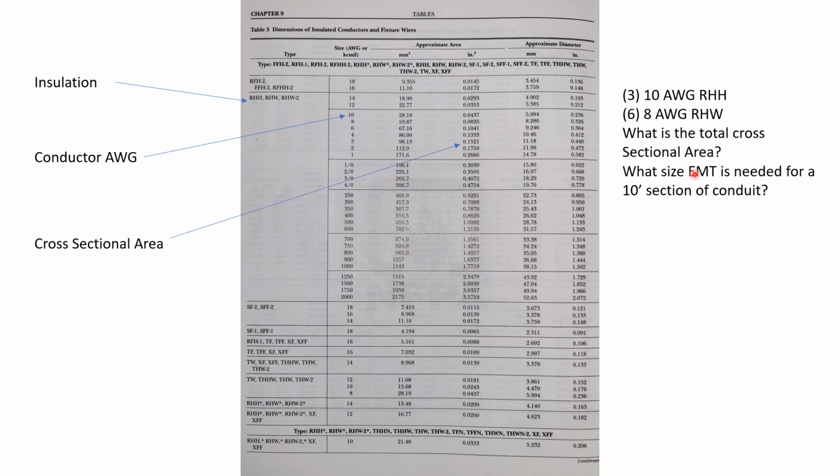And then, if it's a 10-foot length of EMT, what trade size EMT is needed? You can hit the pause button and see if you can figure it out yourself, or I'll walk you through it.